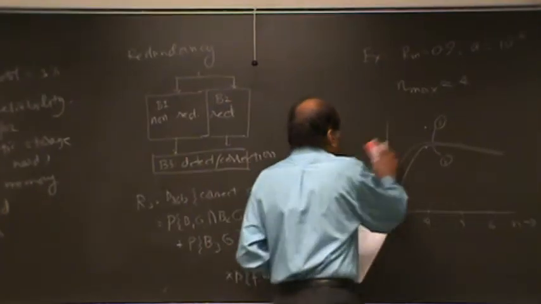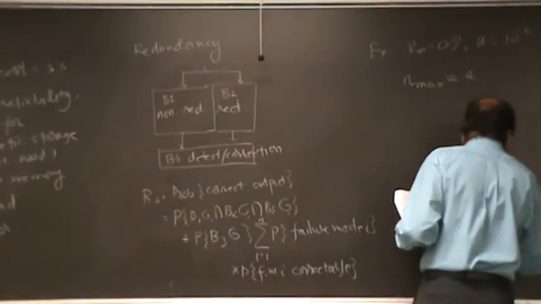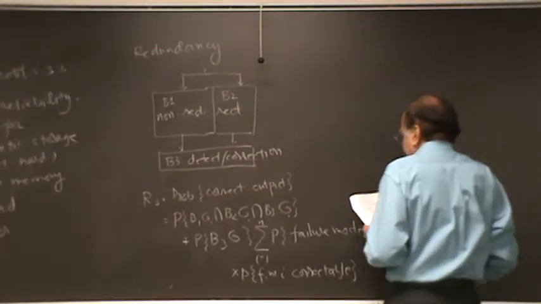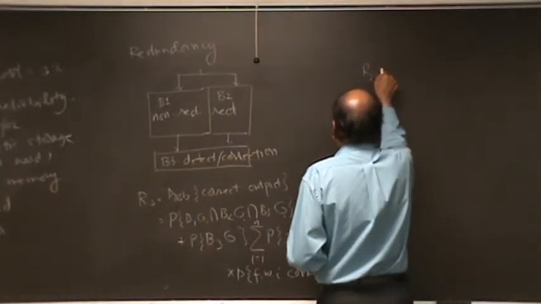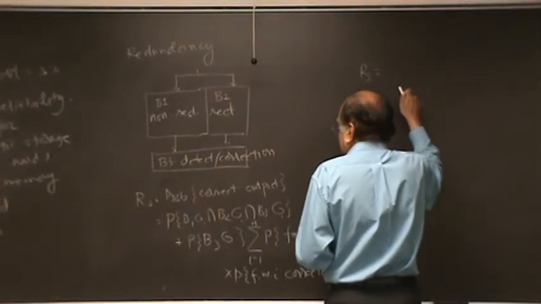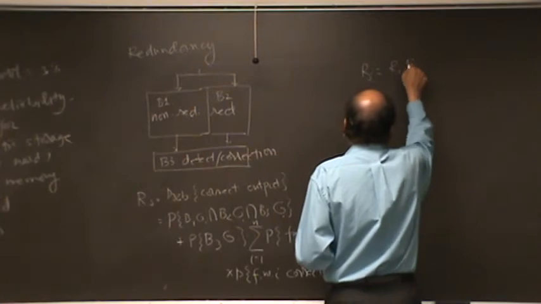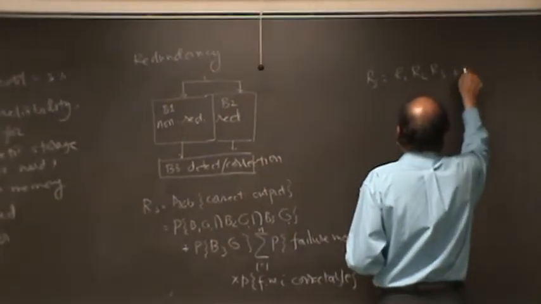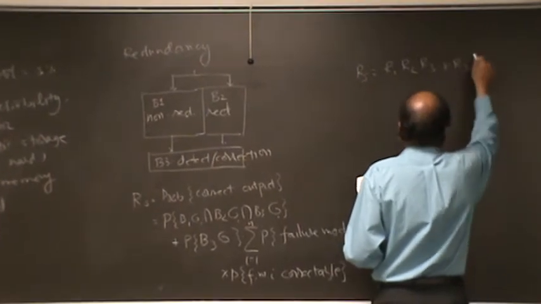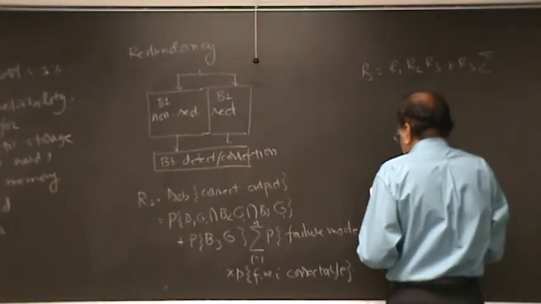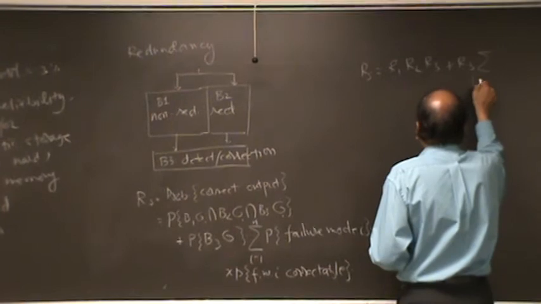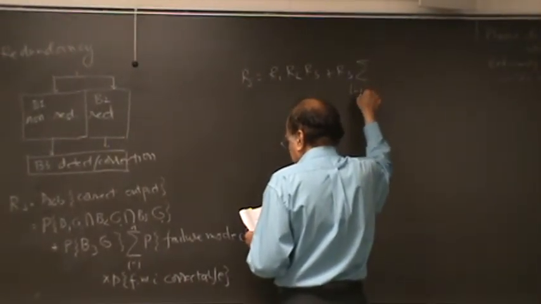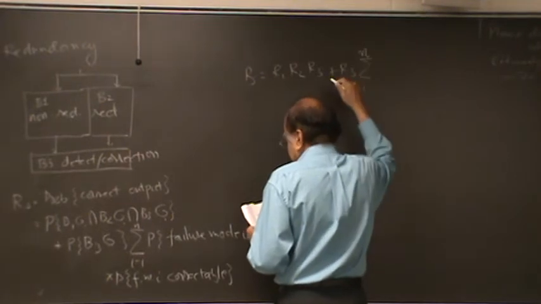Now we can, in short, represent that expression in this way. So the reliability of a system is equal to reliability of R1, R2, R3 plus R3, I equal to 1 to n.